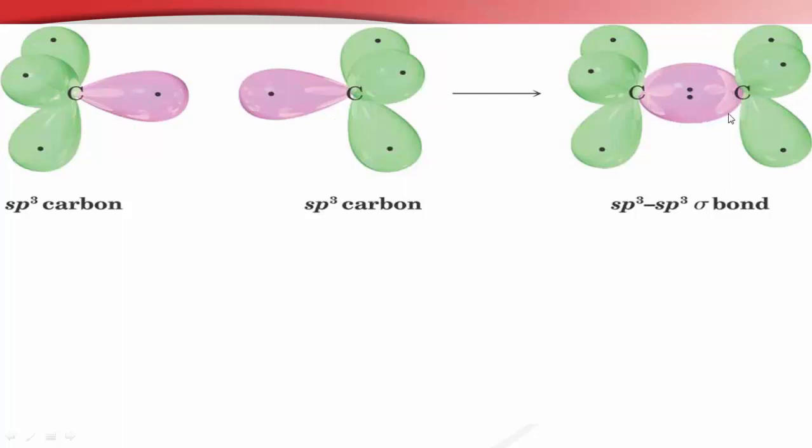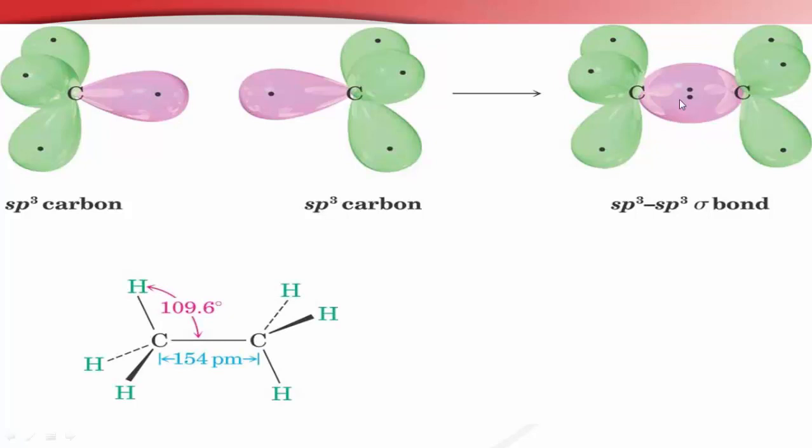And this forms what we call a sigma bond. So this is a single bond between our two carbons, and it's the overlap of a hybridized sp3 orbital with another sp3 orbital.